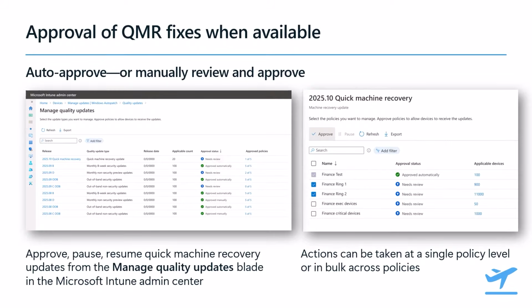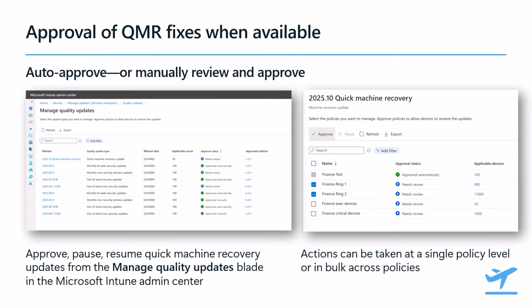When the issue occurs and the QMR fix is available from Microsoft, you will be able to see the fix on the Manage Quality Updates blade. That is the screenshot that you see on the left side of the screen here. You will see Quick Machine Recovery as one of the options or releases available to you. If all your policies are set to automatically approve for QMR, then no action is needed.